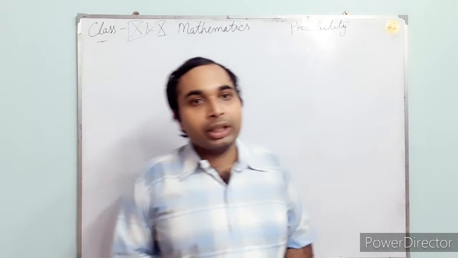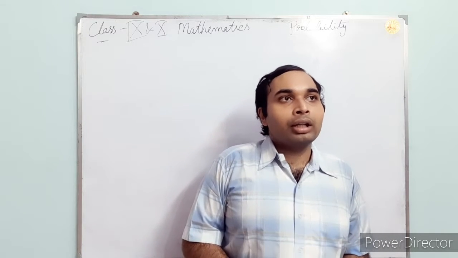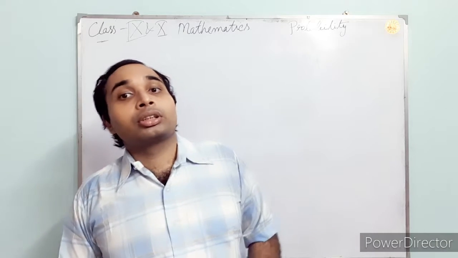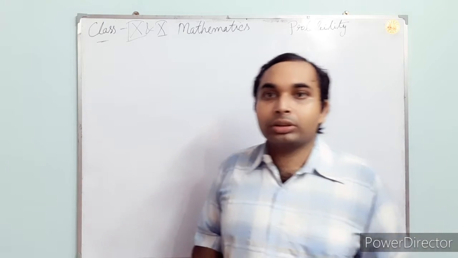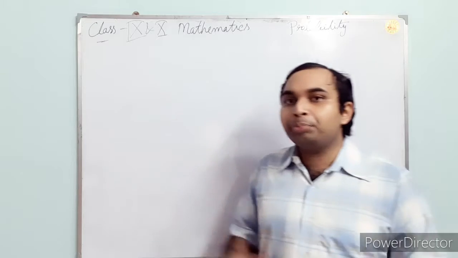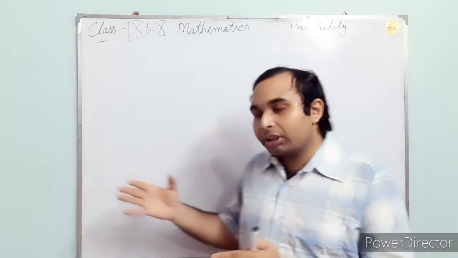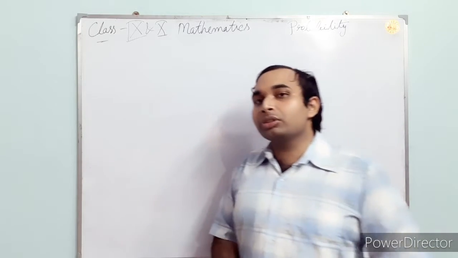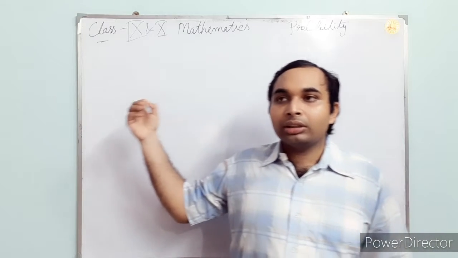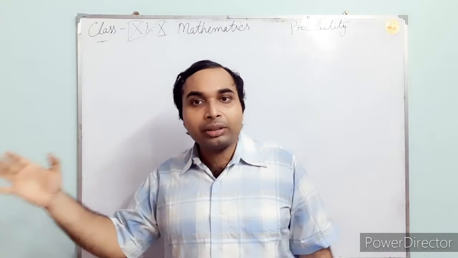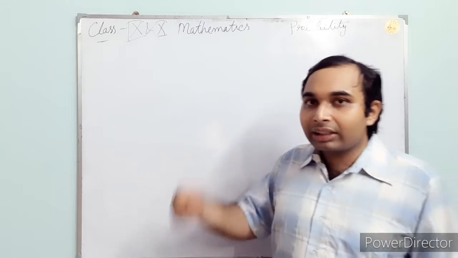Another problem is throwing of dice, a very important problem. Actually those are life based problems. In your day-to-day life you see those problems, we just apply mathematics to them. Very interesting.